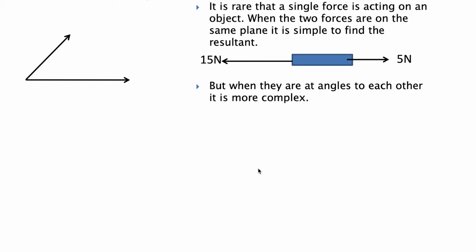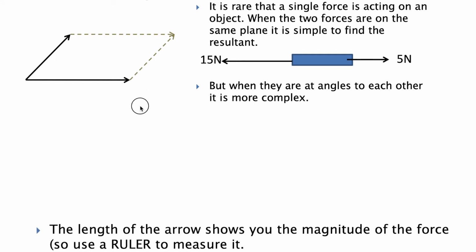So what we can do is we can draw a vector diagram of this. We draw these two to scale, but you can see that what I can do is I can use a parallelogram. So if I draw this vector at the end of this one, you can see I've drawn a parallelogram, and what I can do is I can join the start of that to where I've ended here, and the length of that is the resultant vector, and of course I can also measure the angle.